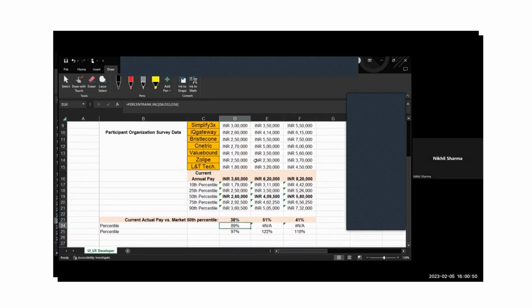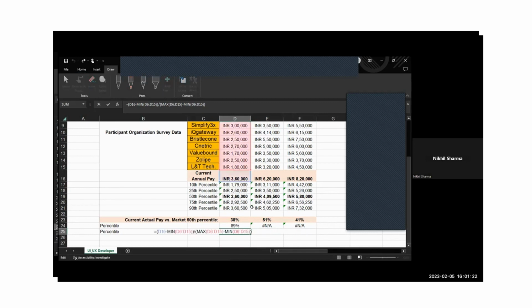If I look at the percent rank inclusive, taking the range aspect, by deducting this amount from the minimum and dividing by the range of max and minimum, this is coming out to be the 97th percentile, and percentile was not taking anything above 100. Come again. What did you use, another formula?